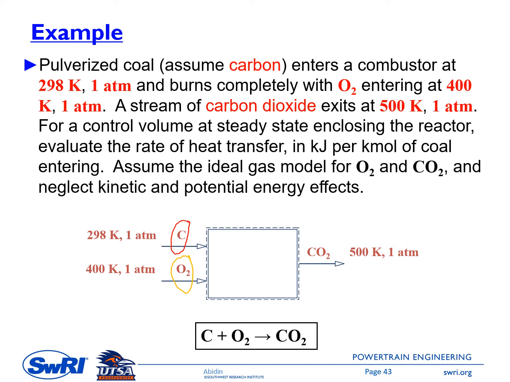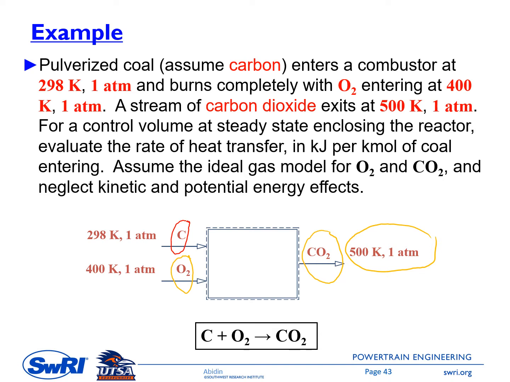A stream of carbon dioxide exits at 500 Kelvin, 1 atmosphere. See here on the right side we have CO2 at a given temperature and pressure. For a control volume at steady state enclosing the reactor, evaluate the rate of heat transfer in kilojoule per kilomole of coal entering.